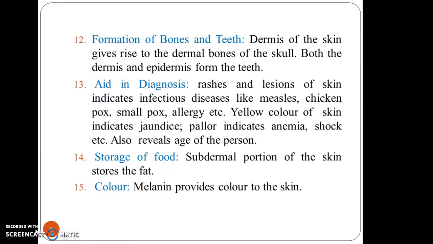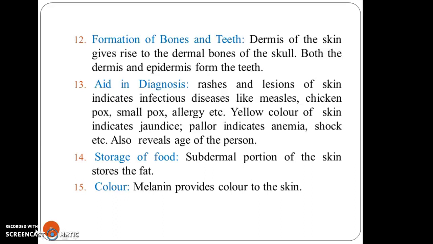The next function is the formation of bones and teeth. The dermis of the skin gives rise to the dermal bones of the skull. Both the dermis and epidermis form the teeth. Next is aid in diagnosis.